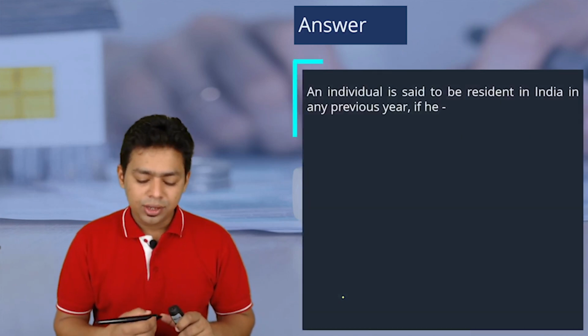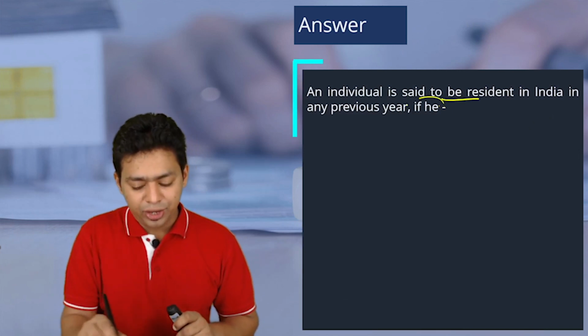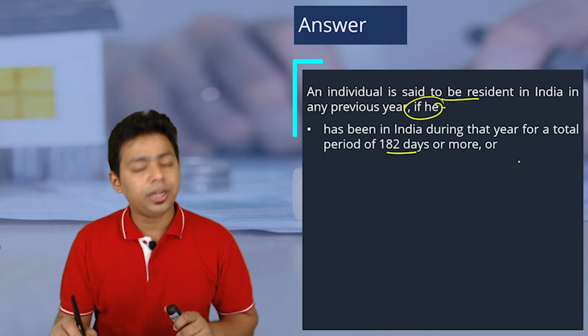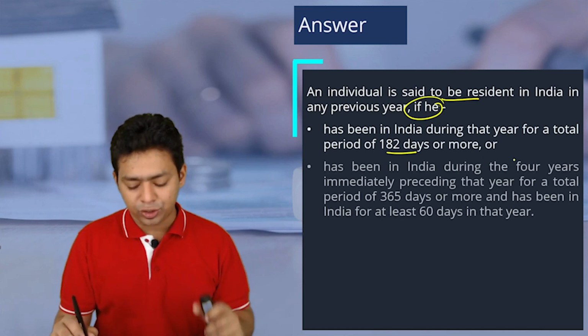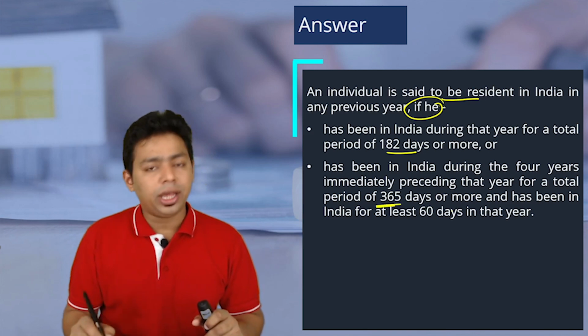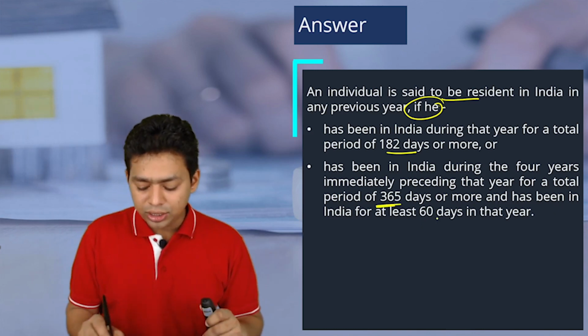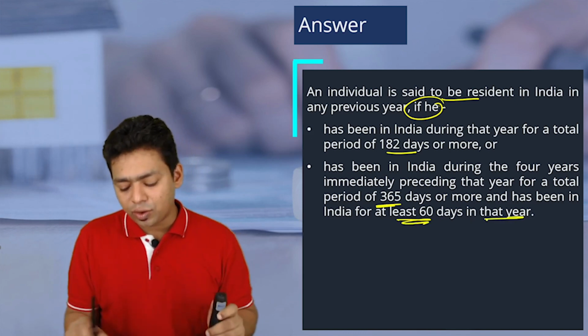Let's see. An individual is said to be resident in India in a previous year if he stays in India during the year for 182 days or more, or has been in India for a total number of 365 days during the 4 preceding years, and he is there in India at least 60 days or more in that year.